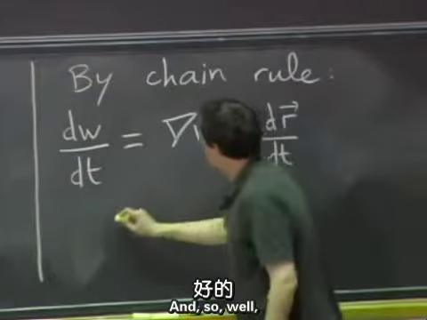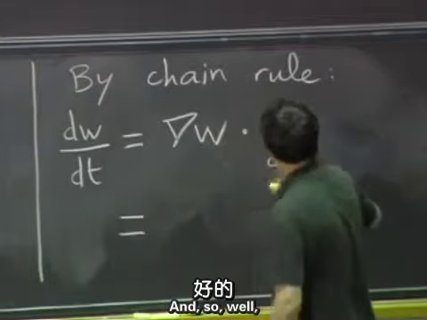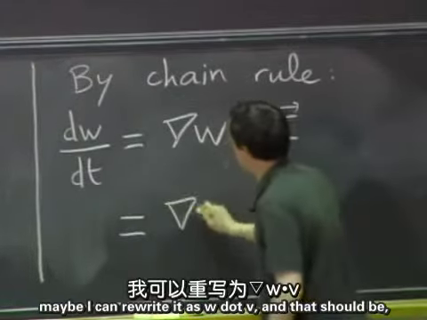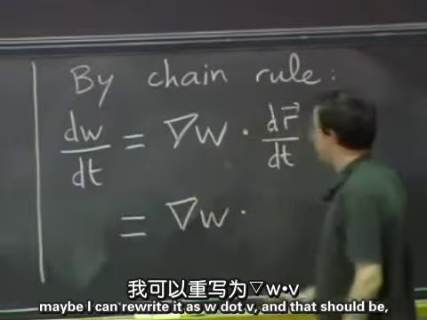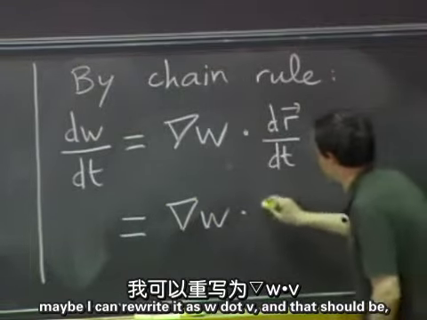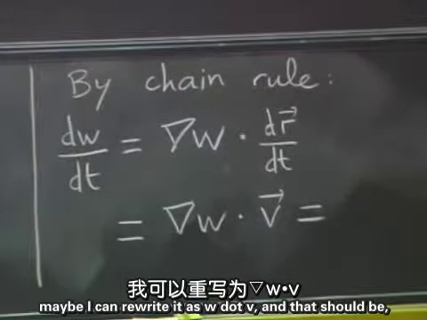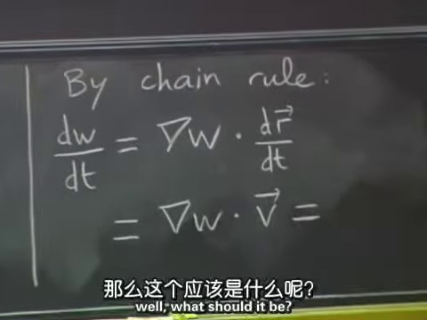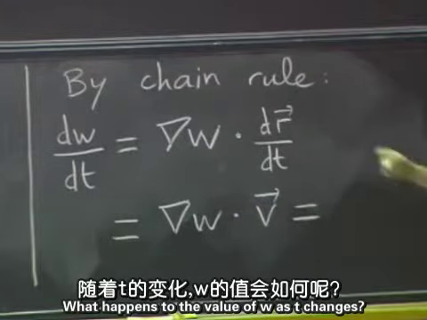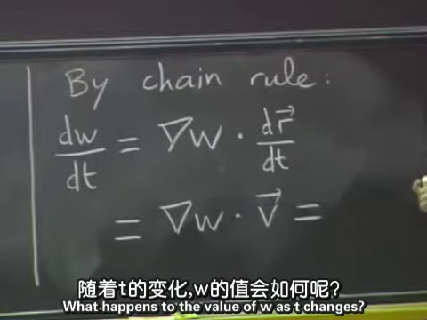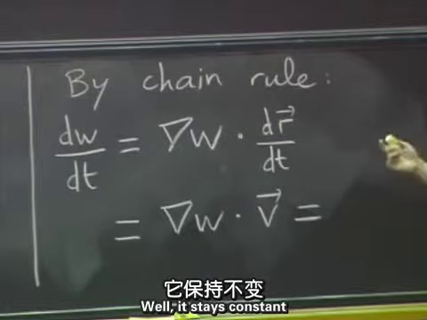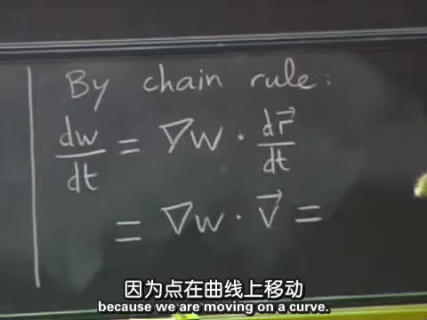And so, well, maybe I can rewrite it as del W dot V, and that should be, well, what should it be? What happens to the value of W as t changes? Well, it stays constant because we are moving on a curve.